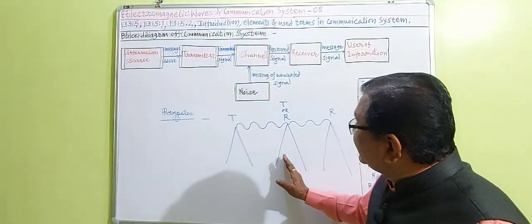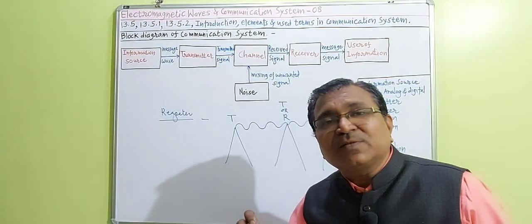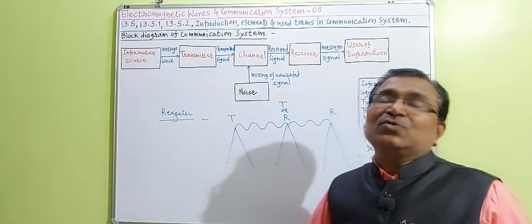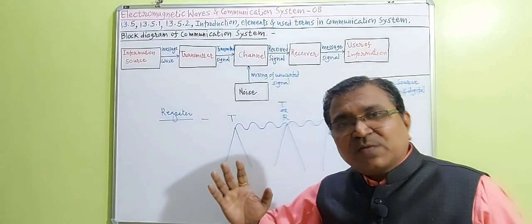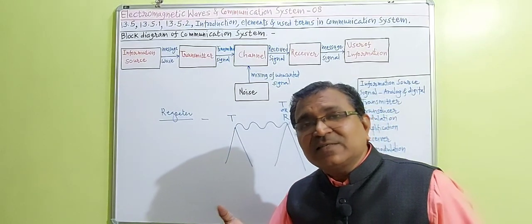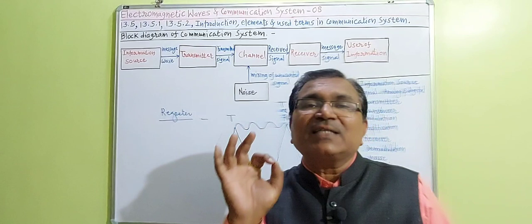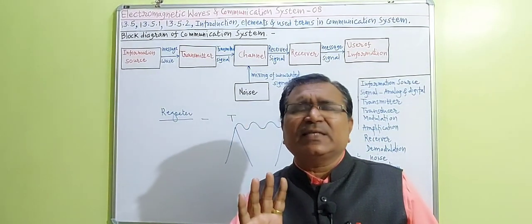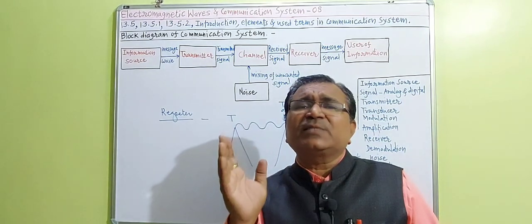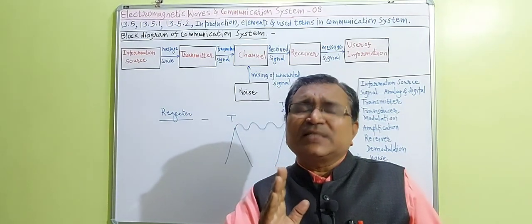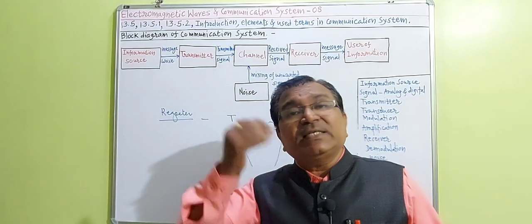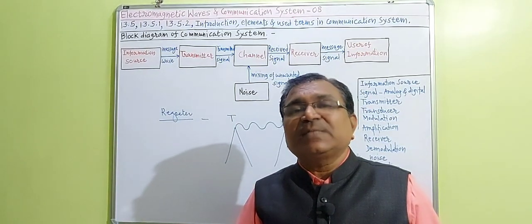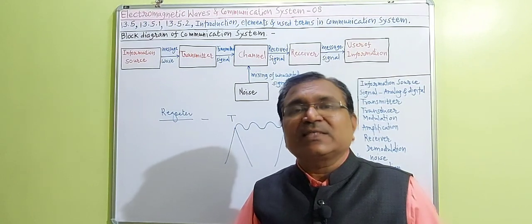This middle antenna acts as both transmitter and receiver. I will repeat the definition again: the combination of transmitter and receiver to increase the range of a communication system is called a repeater.